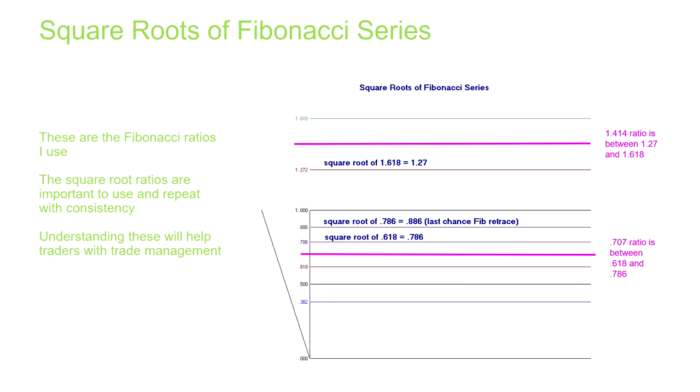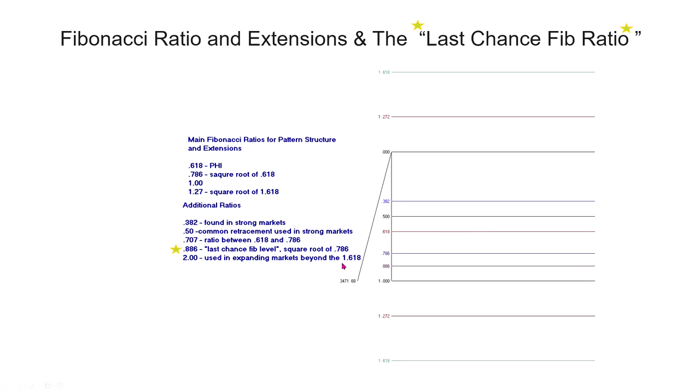Okay, so let's take a look at one of these ratios, and that's what I call the 0.886, the last chance fib level. And this is the square root of the 0.786. Now, a lot of traders, I would venture to say the majority of traders, use the 0.786.